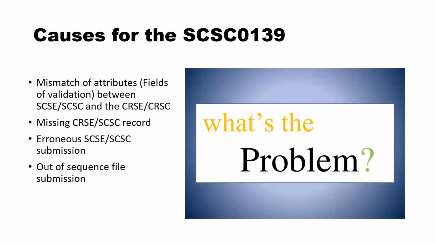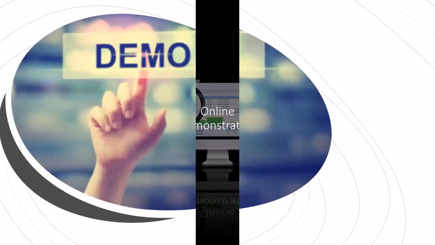And now that the relationships due to validations have changed a bit between your file submissions, just remember that you will see this error if you submit your student course completion records or student course enrollment records prior to your course records. And it will exist until you post those corresponding course records. So that's just something to keep in mind, the common causes for the SCSE0139 error. Now we are ready for a demonstration.